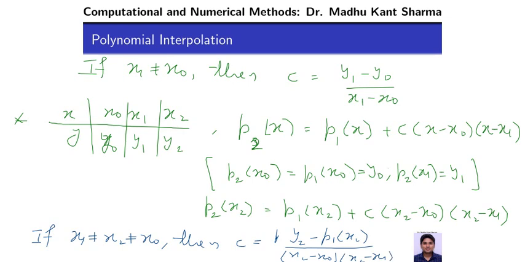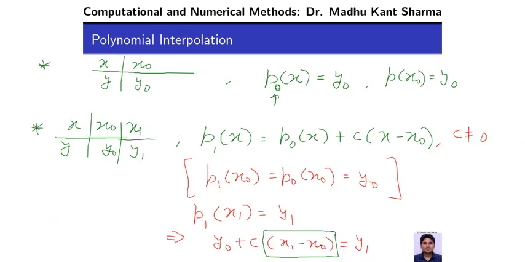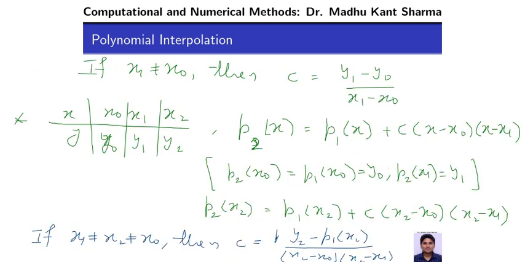And so on. In this way you are constructing an interpolating polynomial of lowest degree. Note that P0 of x is a polynomial of degree 0. P1 of x is a polynomial of degree at most 1, because y1 and y0 may or may not be equal. Similarly, P2 is a polynomial of degree at most 2.